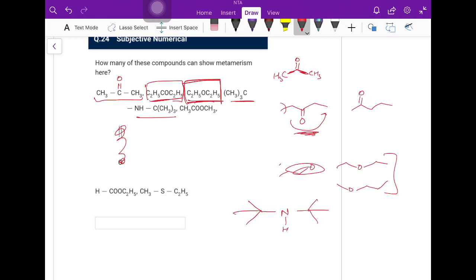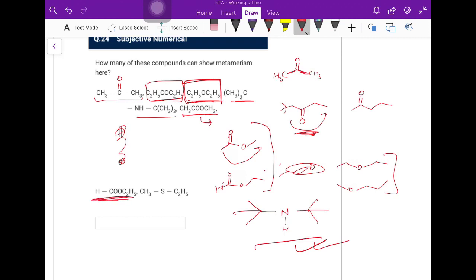Again you can change the longest chain, and this can also show metamerism. Then CH3, this is the ester group, C double bond O CH3. The ester can also be made by switching this hydrogen to this side, and you can see the structure coming out like this. So these two are metamers.